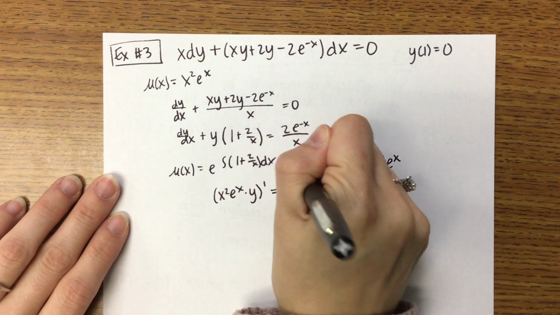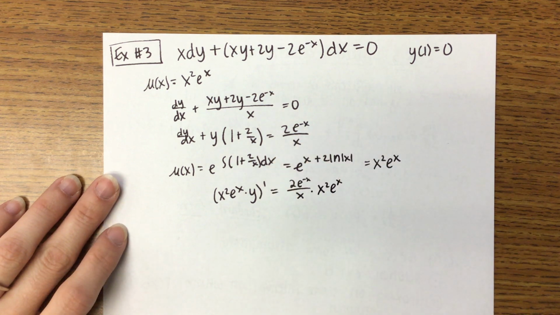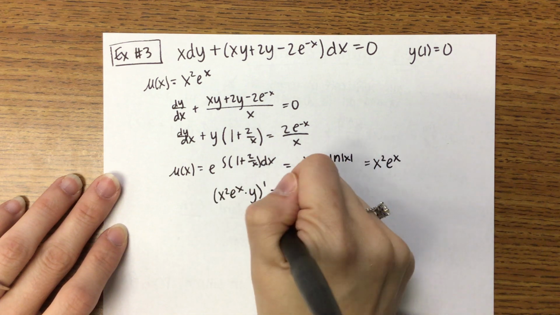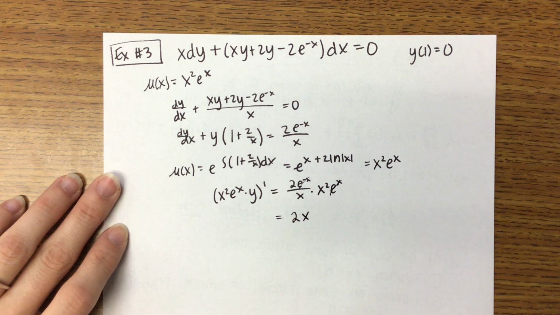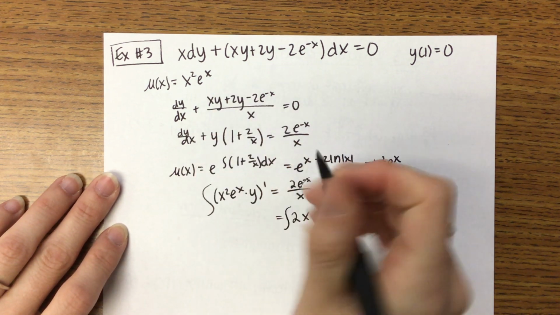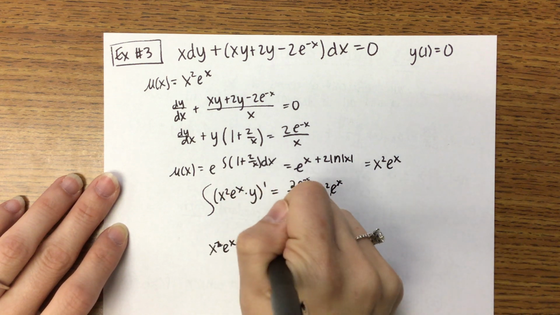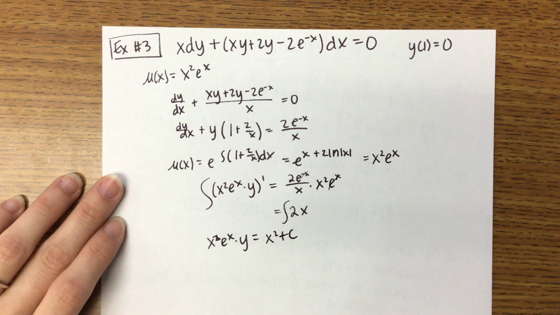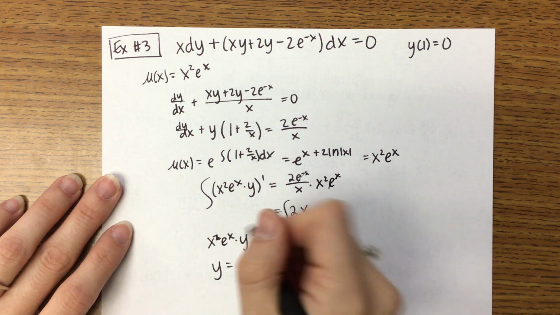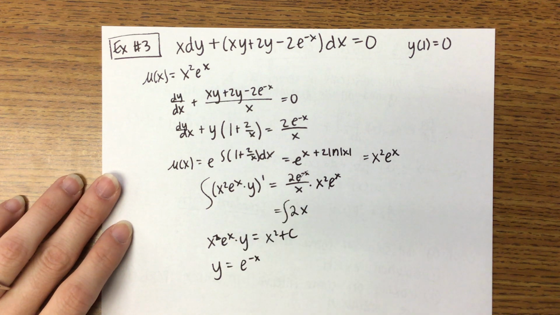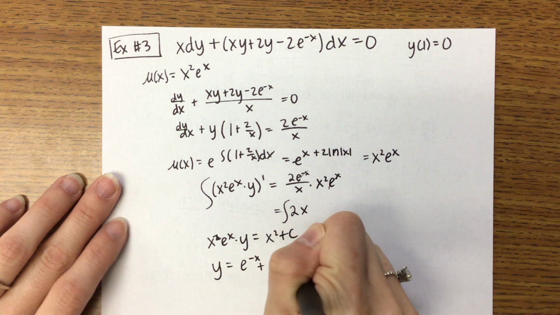Right side, you get 2e to the negative x over x multiplied by x squared e to the x. So that ends up being 2x, I think. Integrate both of these, you get x squared e to the x times y is equal to x squared plus c. Our y then will end up being e to the negative x plus c over x squared e to the x.